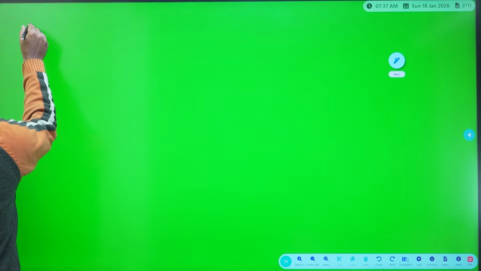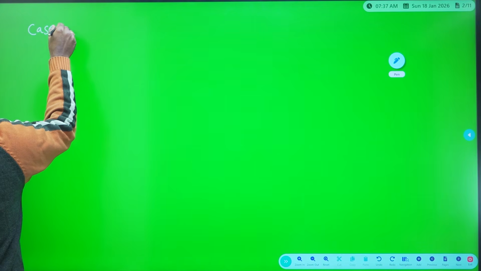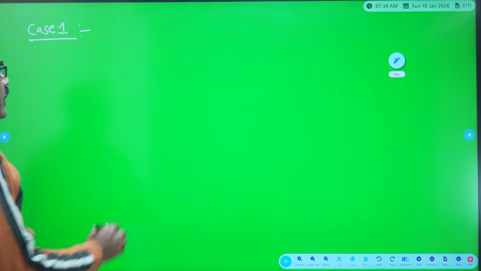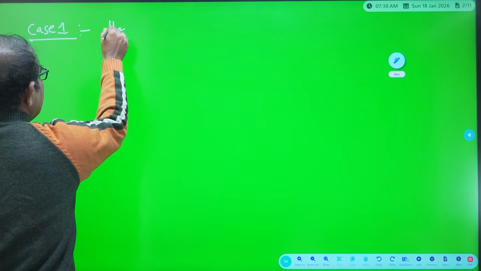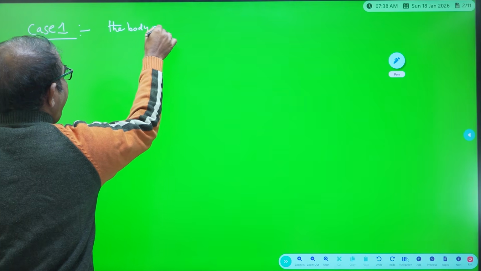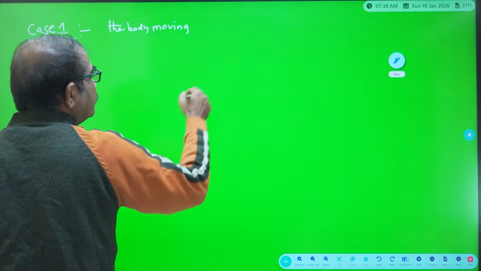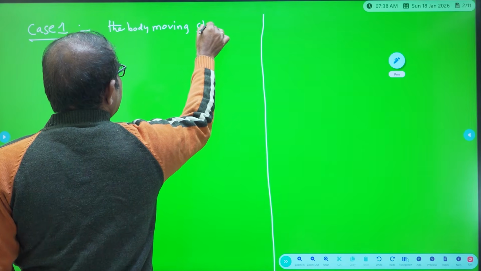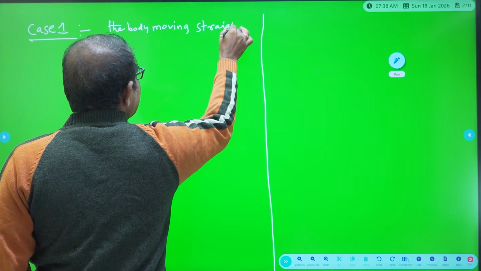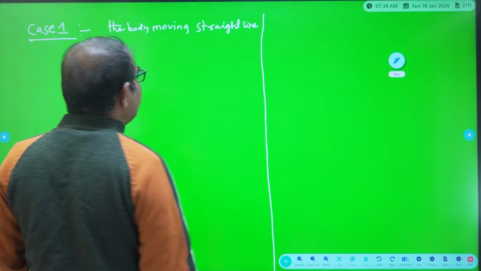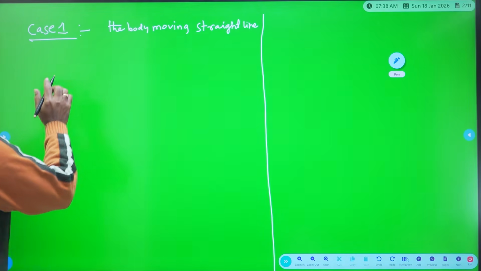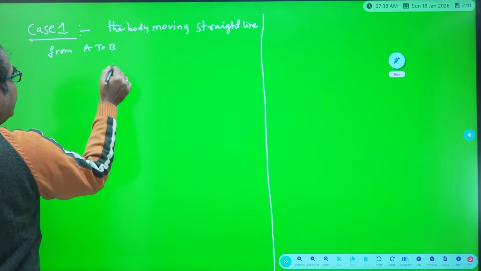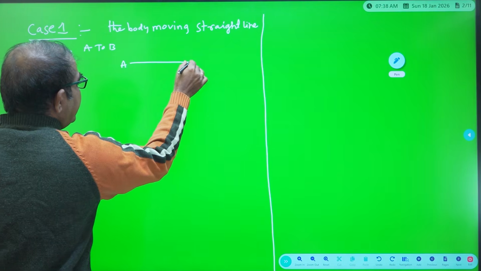Case 1. The body moving in a straight line path from A to B. A is the initial point, B is the final point.